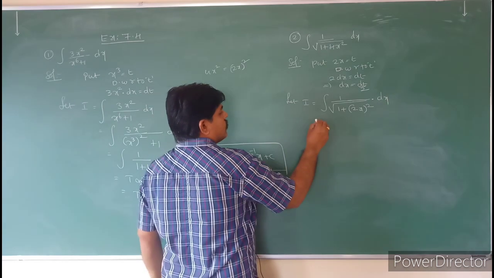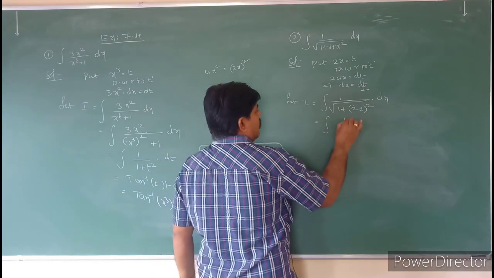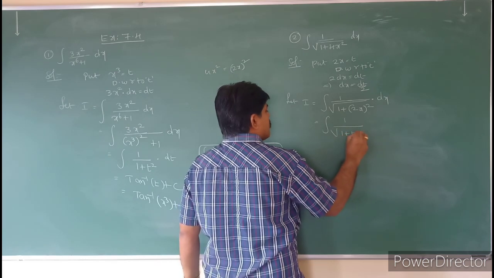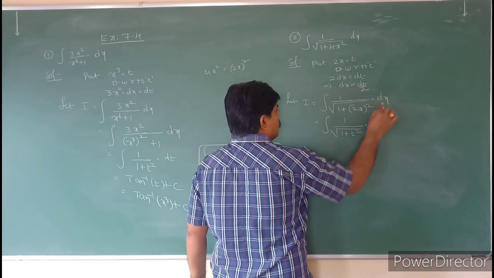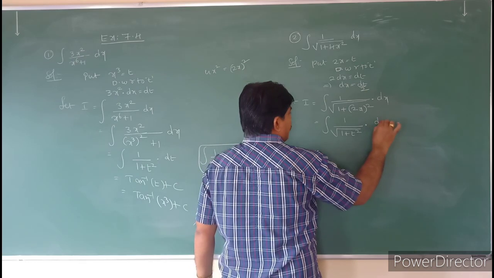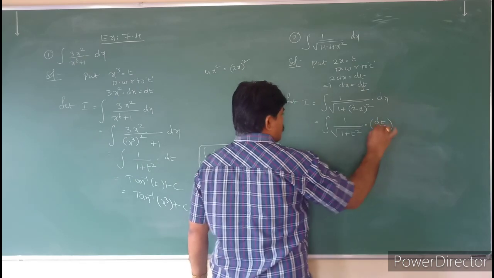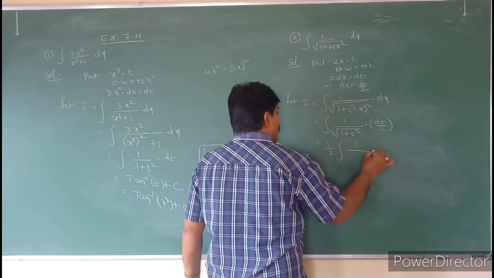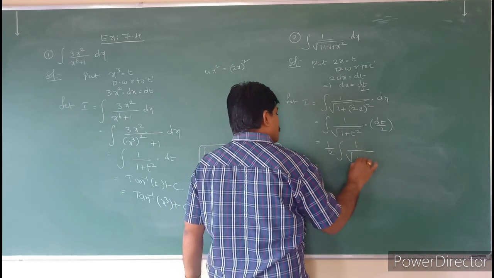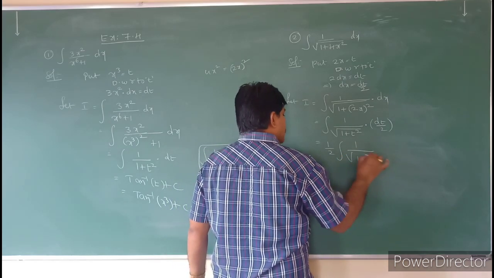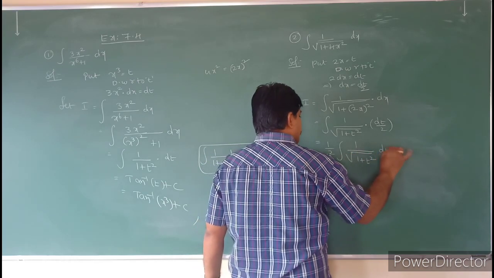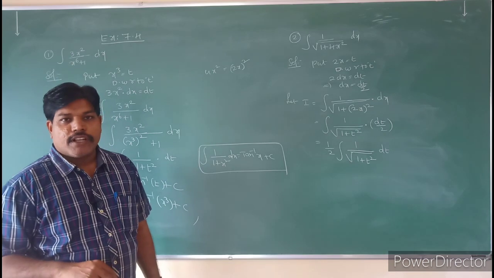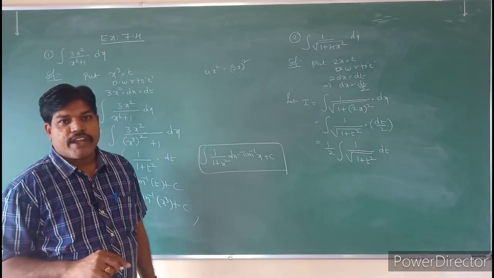So that is equal to integral 1 by root of 1 plus t square into dx, and the value will become dt by 2. So how can you write that? 1 by 2 into integral of 1 by root of 1 plus t square into dt.